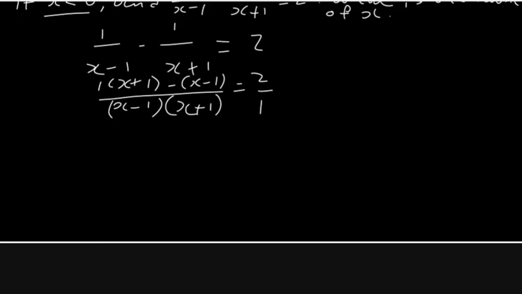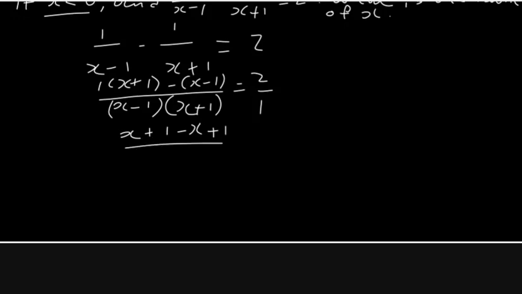The next thing is to open the brackets. Pay attention to what I'm going to do here. Open this bracket: 1 times x gives us x, 1 times 1 gives us plus 1. Here now minus 1 times x gives us minus x, and minus 1 times minus 1 gives us plus 1.